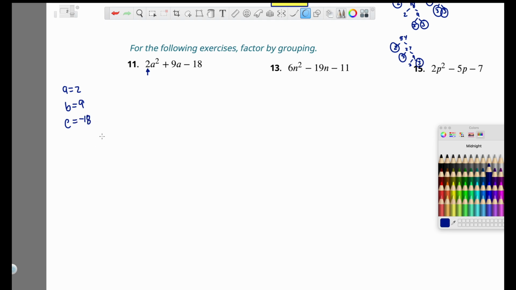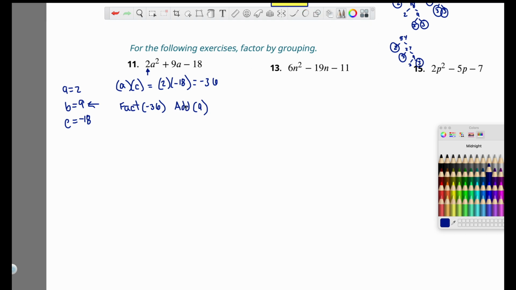So what we want to do here is multiply a times c together. It's our first step. And that would be 2 times negative 18, which is negative 36. Now, we need to find the factors of negative 36 that are going to add to the b term, which is 9. So these have to add up to whatever the b term is.